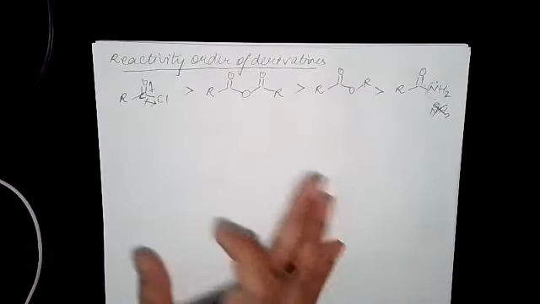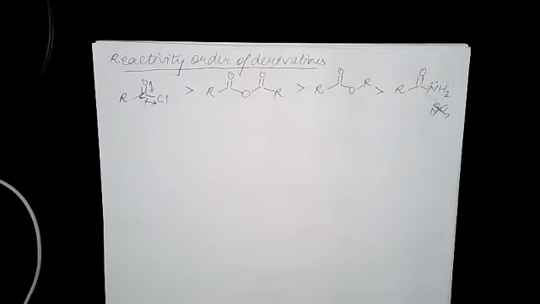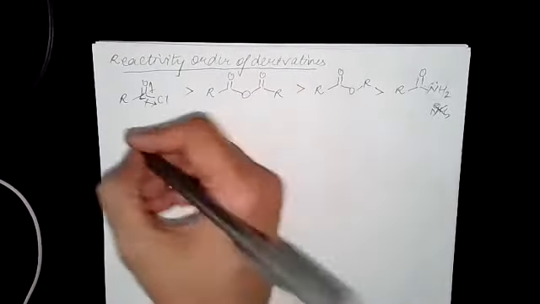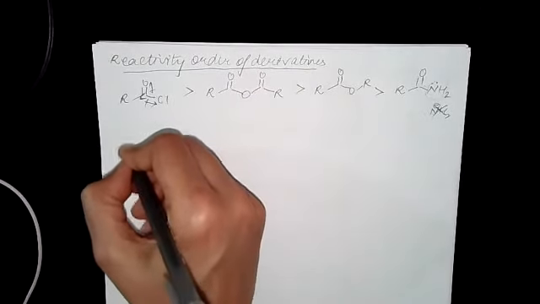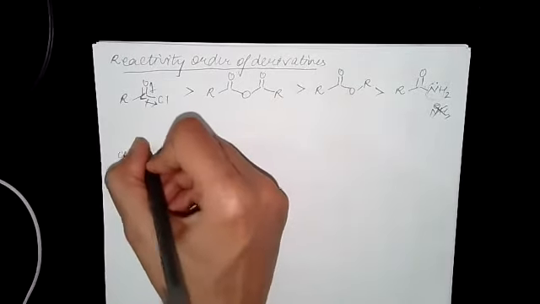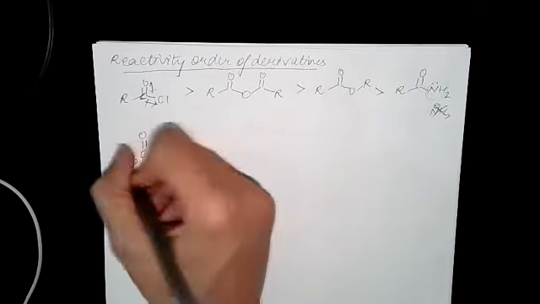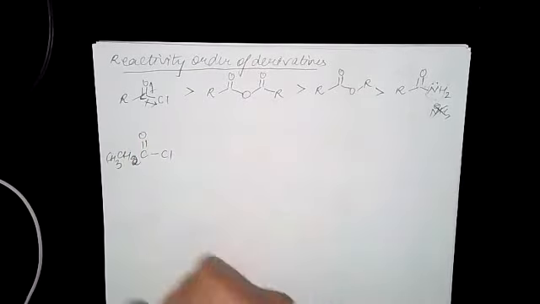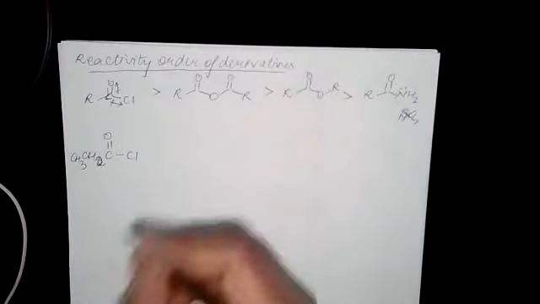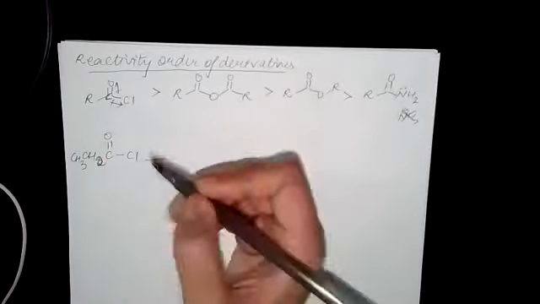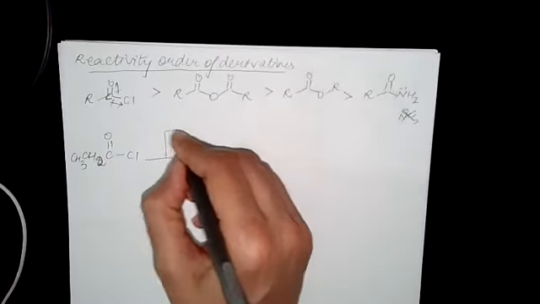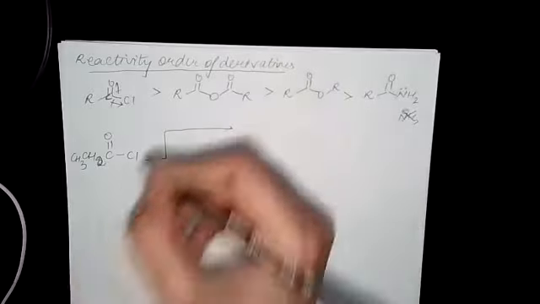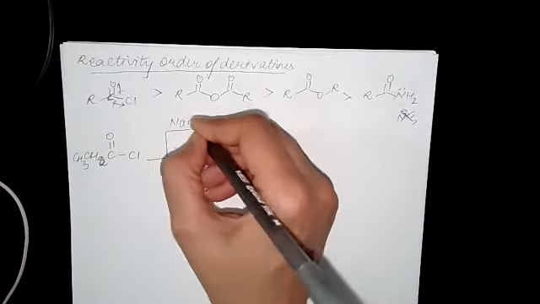You may have to use a stronger acid, sometimes you might have to use heat, but in general, you can get the carboxylic acid back. So let's look at the acyl halides, which are the most reactive of them all.